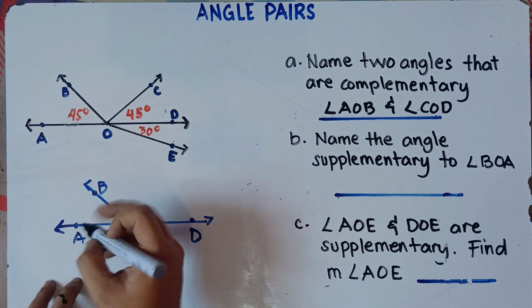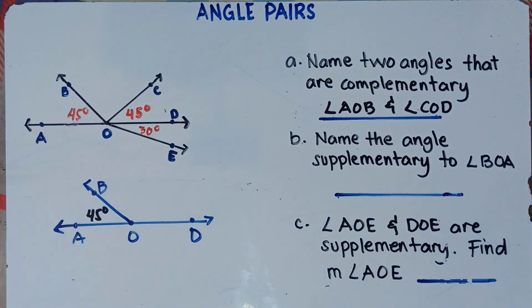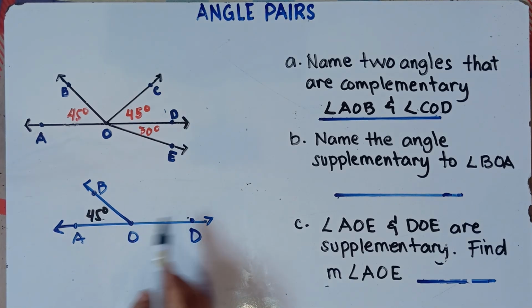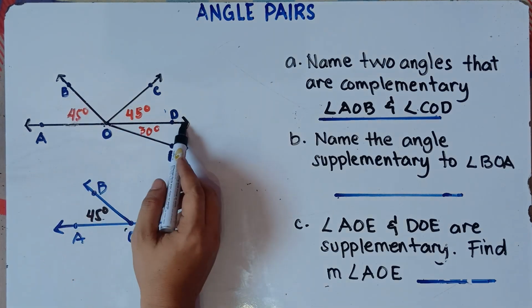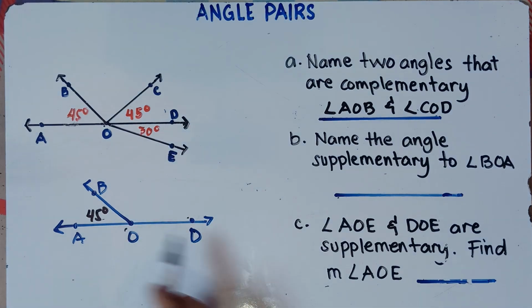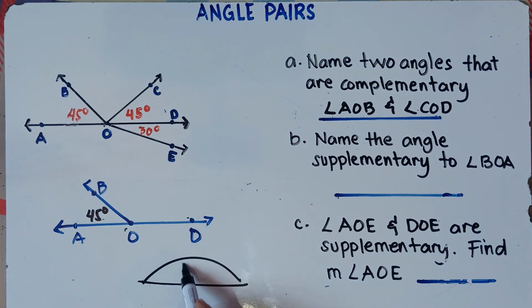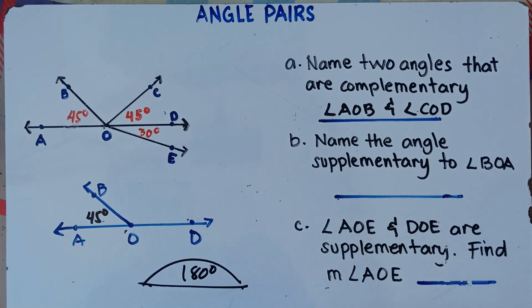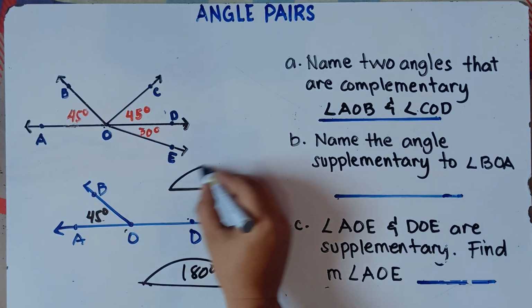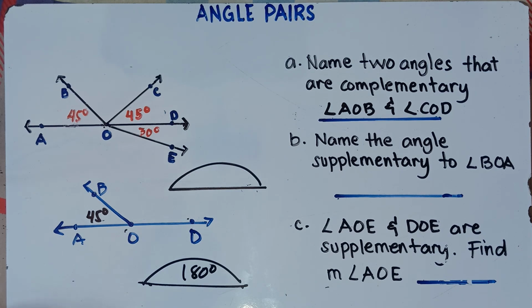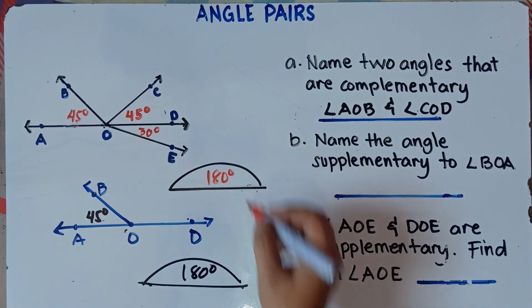If we add these two angles, angle AOB and angle BOD, it should be equal to 180 degrees, because we have a straight line, and a straight line can form a straight angle, and a straight angle is always 180 degrees. Always remember this.